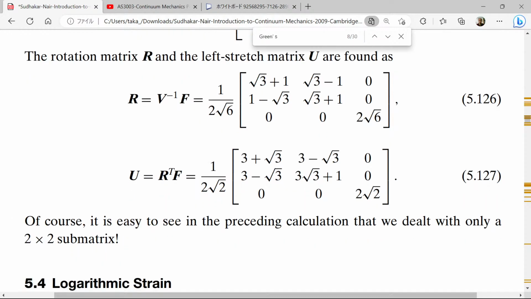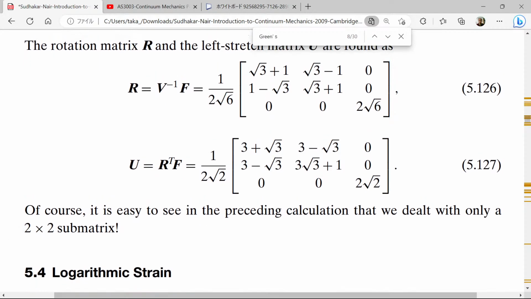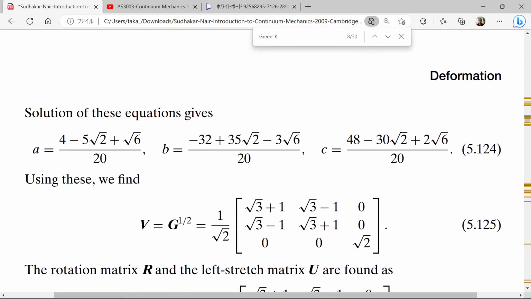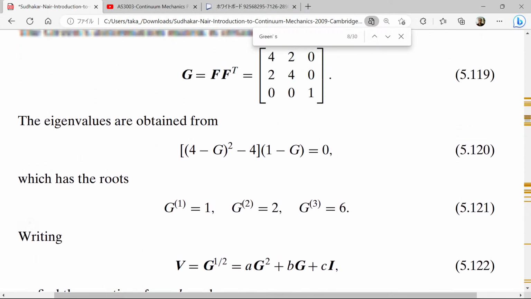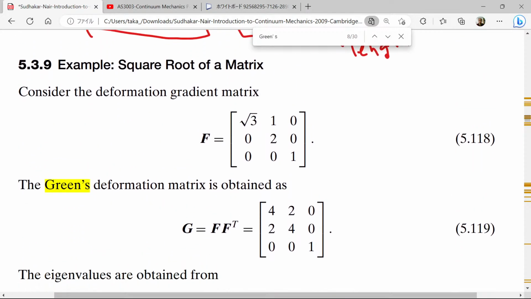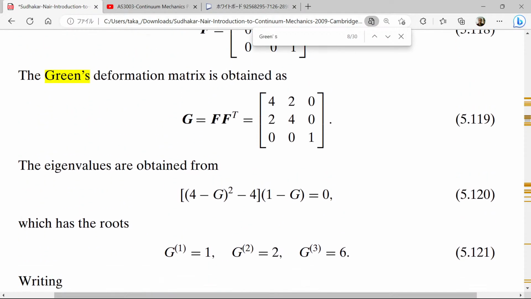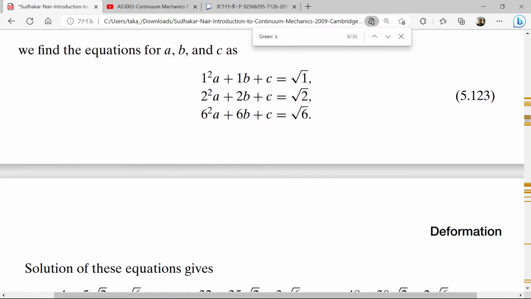Something like this. Of course, it is easy to see in the preceding calculation that we dealt with only a 2 by 2 submatrix. Can we use this 2 by 2 submatrix? Okay, if we use, because the third axis doesn't change anything.